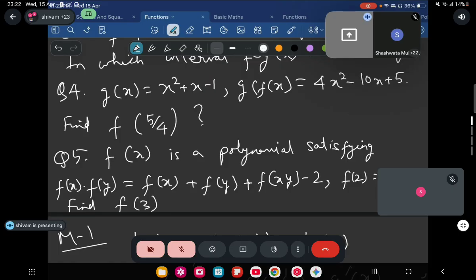Madhurjo, number 4 is correct. Ahir, number 5 is correct. Shashwatu, number 4 is correct. Everyone pay attention. Number 4, there are two ways to solve.